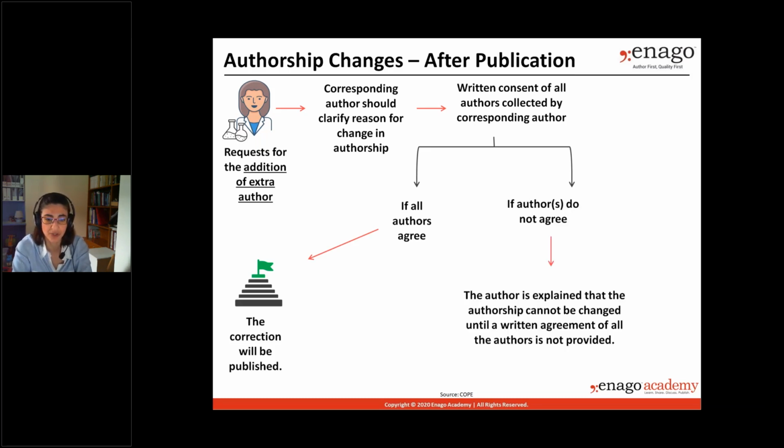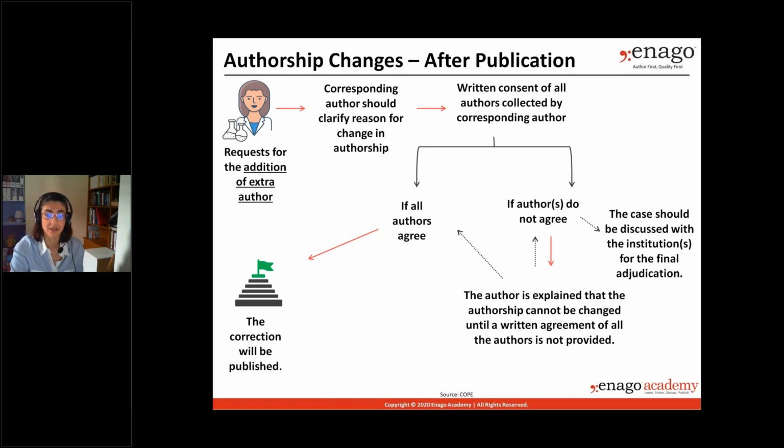If the authors do not agree, then the author will have to get an explanation why this change cannot be implemented until written agreement from all authors is obtained. Until this agreement is obtained, the author list cannot change. Once they reach an agreement, then the process is, as we described before, and the correction is implemented. Otherwise, we go back through circles of discussions until an agreement is reached.